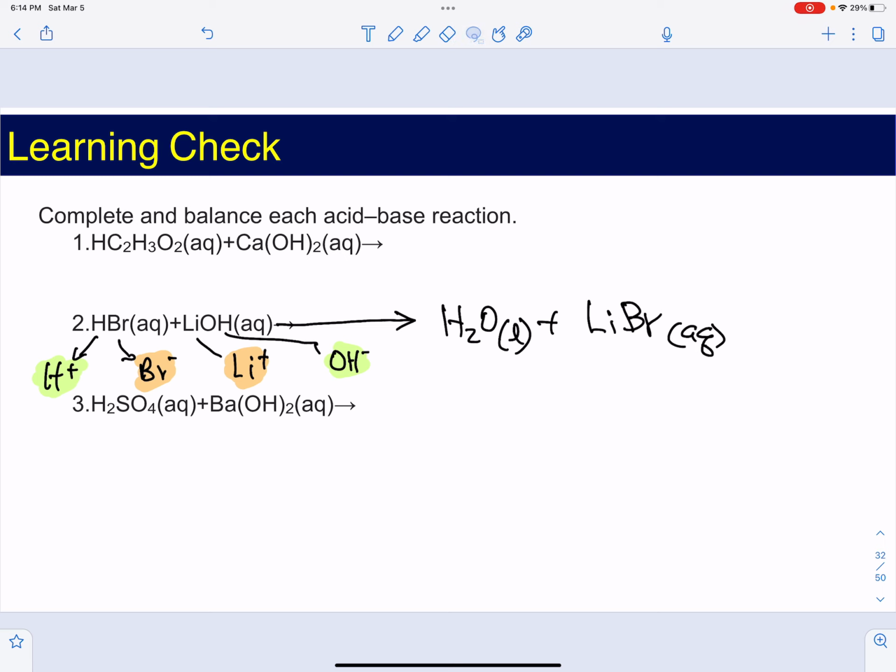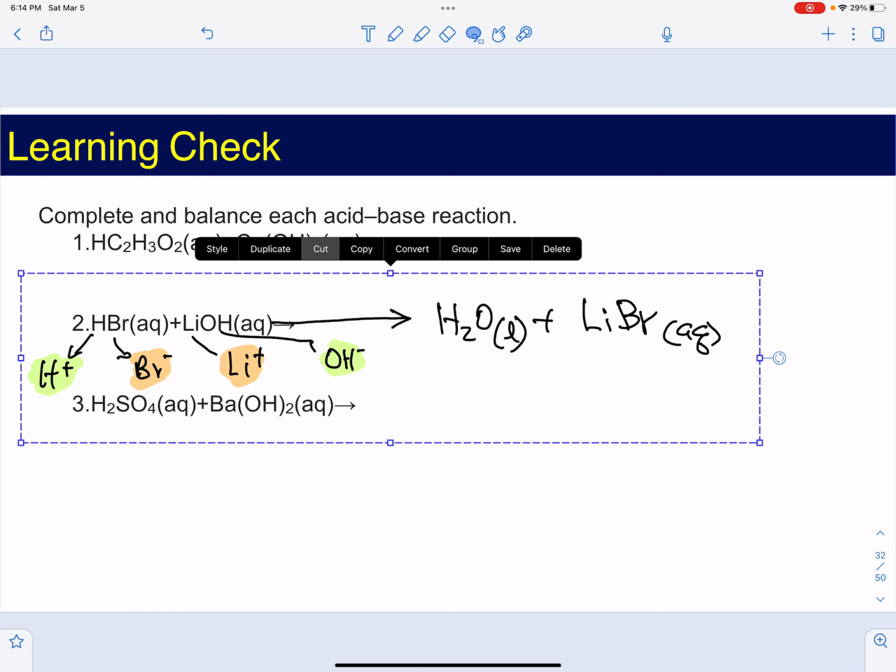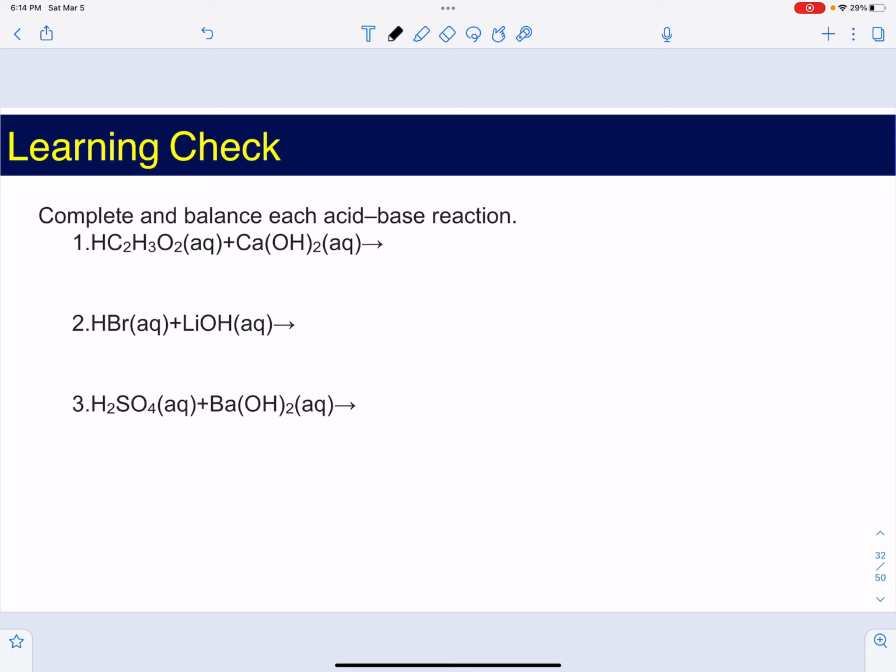So the last one, once more, we know that we're dealing with an acid. And this acid, sulfuric acid, has 2 hydrogens, but there's always only 1 hydrogen lost at any time. Well, there's something that we haven't covered on this course.